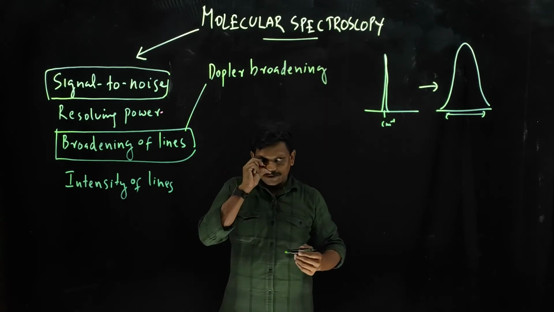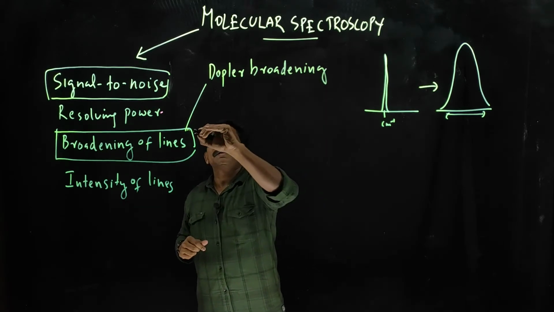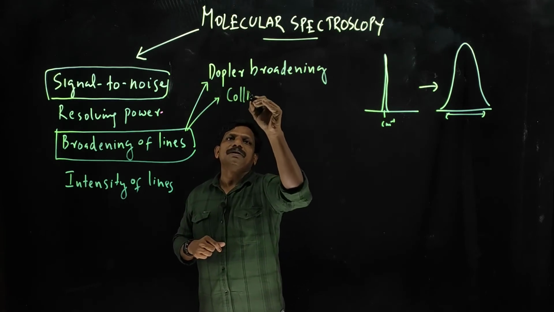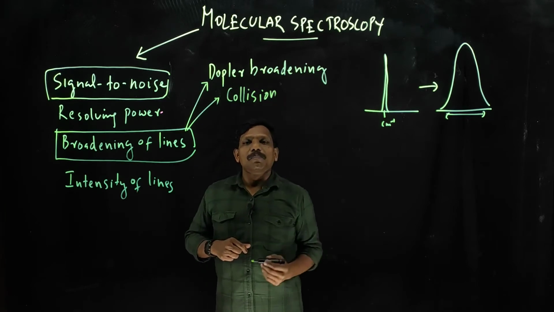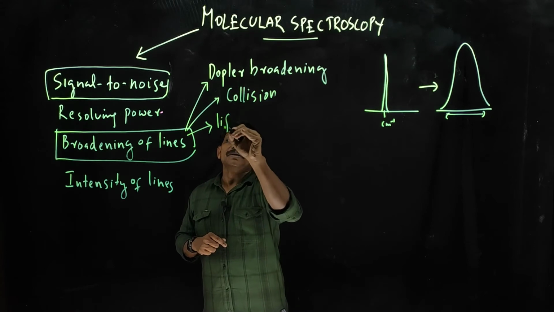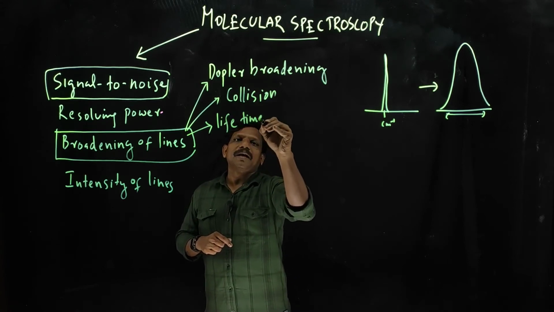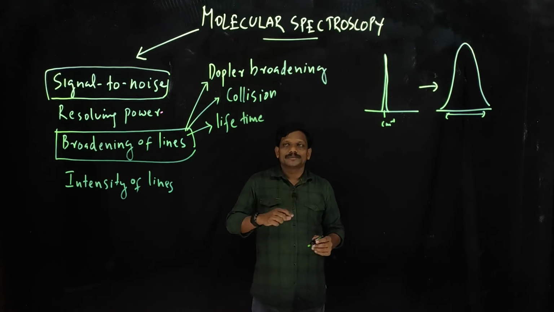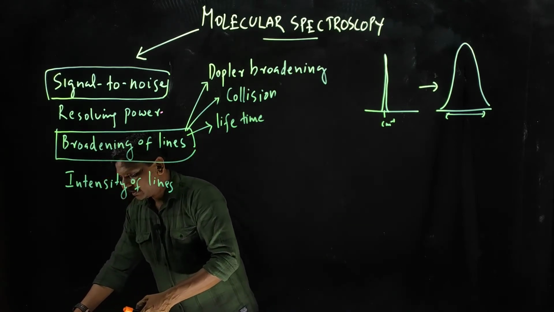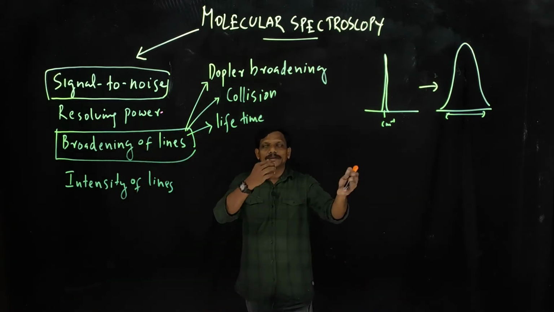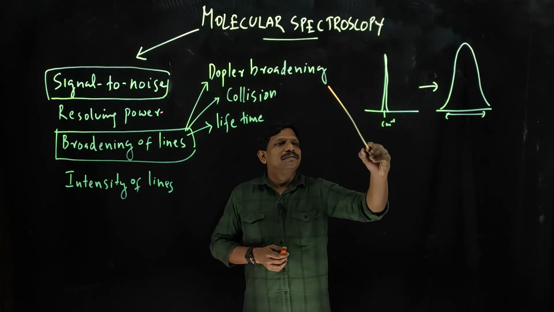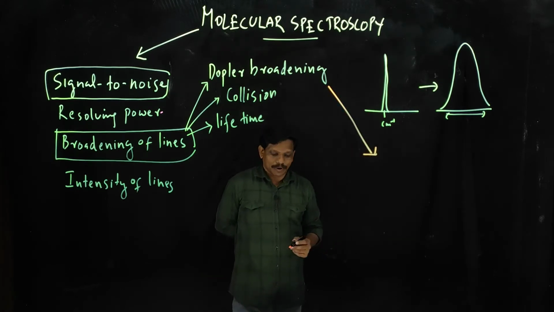I will tell you one by one what this Doppler broadening is. The second reason is known as collision broadening. And finally, the lifetime broadening. So there are three types of broadening, which are the reasons for the broadening of molecular spectra. First we can discuss what Doppler broadening is.